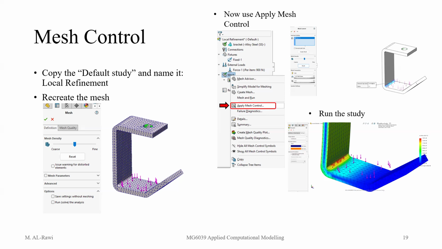Now run the results. And it will take time. And now you see what was happening. Compared to the default study, which gave us 109 megapascal, now we got 141, close to even the fine mesh, with less effort, fewer elements, and less computer time and so on.